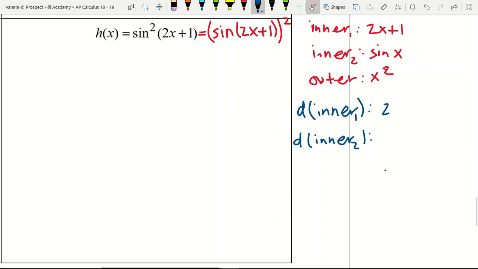When we do it in our final problem, we're going to need to take the derivative of our second inner function with the baby and then times it by the derivative of our first inner function. So we'll get to that. So the derivative of our second inner function is cosine x. And then the derivative of our outer function is just 2x.